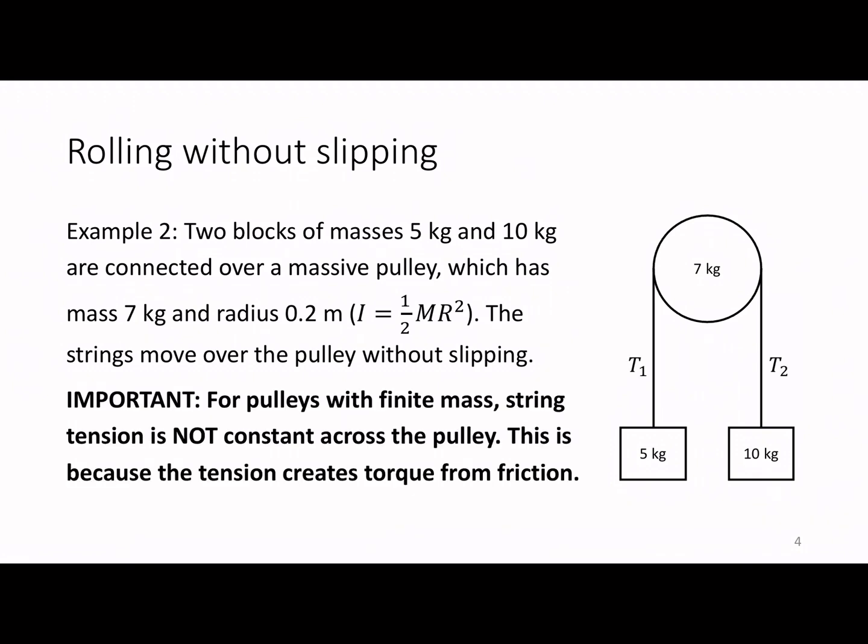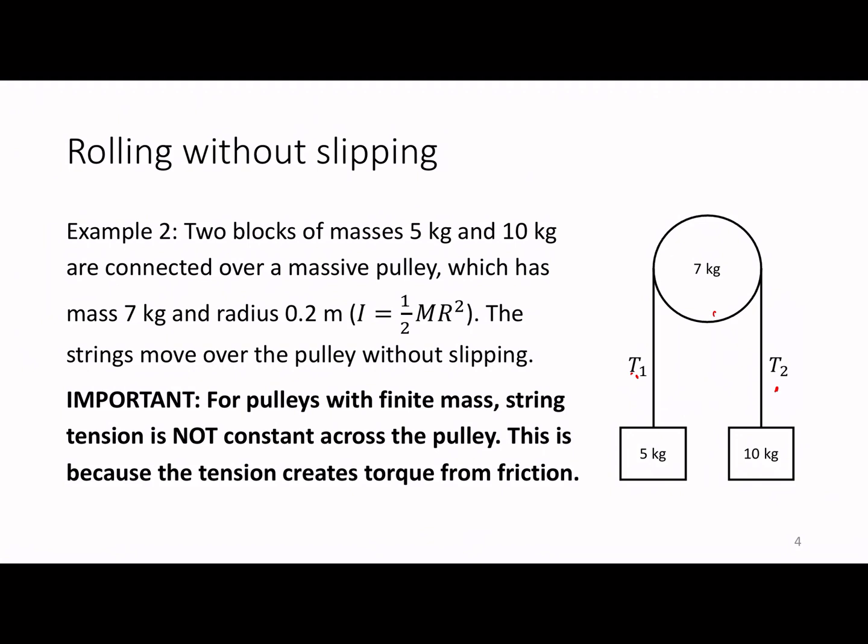So there's one thing I want to tell you before we solve this example. For pulleys with a finite mass, it will no longer be the case that tension is constant throughout that string. Essentially what happens is that the tensions are going to create a torque on the pulley, which is necessary because the pulley has to accelerate.